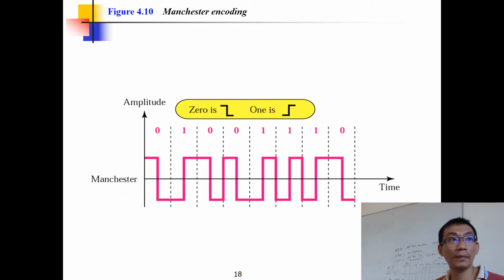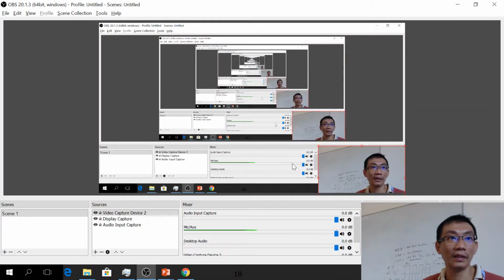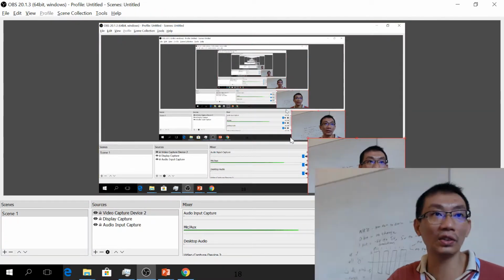Okay, so you can see this is the Manchester encoding. So this is 0 and this is 1. Okay, how do you know it's 0? Very easy. How do you know in Manchester encoding? How do you write 0?